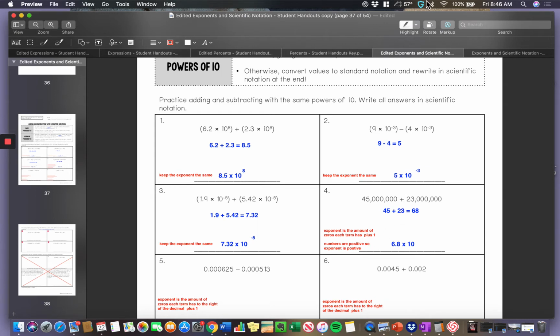So each of these terms has 6 zeros. So because they have 6 zeros, I can automatically know what my exponent is going to be by the amount of zeros in each term, and then plus 1 because I added that decimal point between the 6 and the 8. So I had 6 zeros plus 1 is going to give me 7.